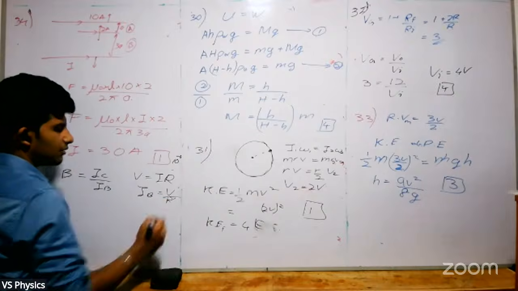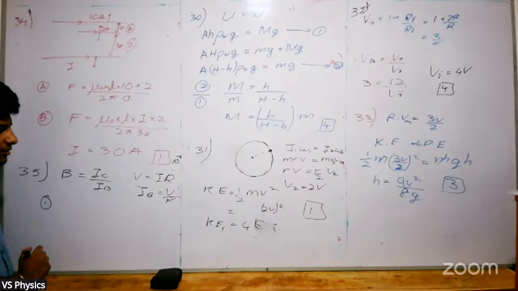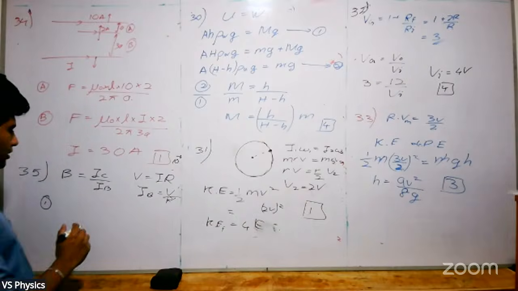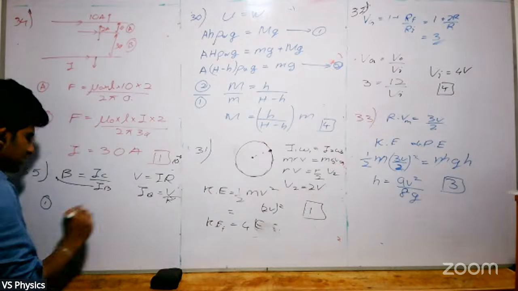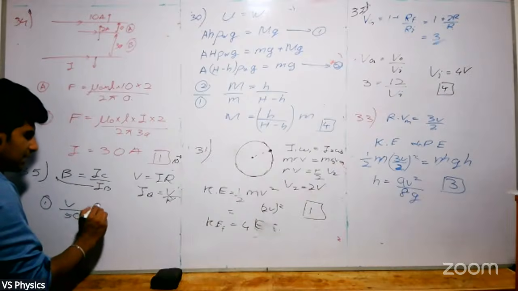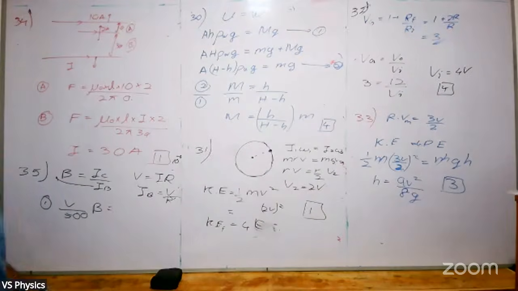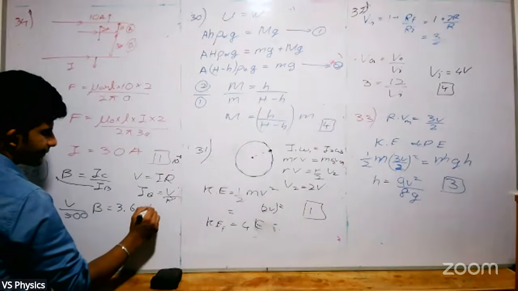In the first situation, the collector current is given. Then IB is V divided by 500, times beta, equals 3.6 milliamperes.